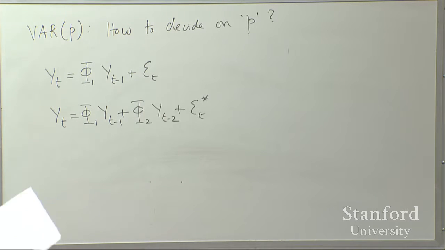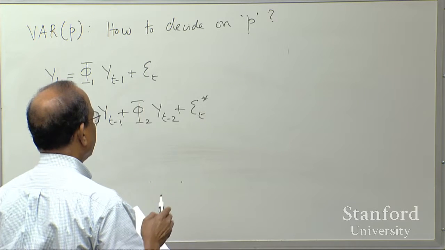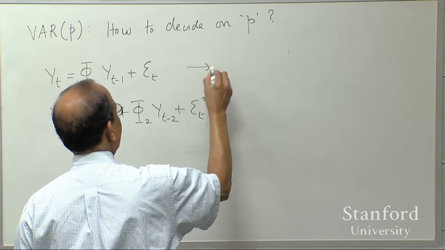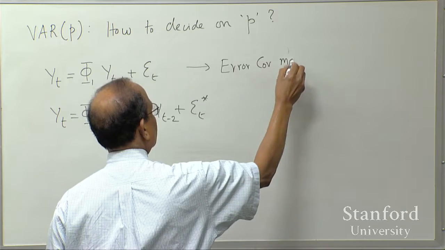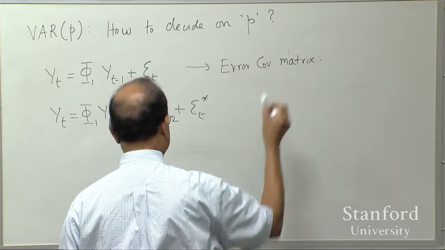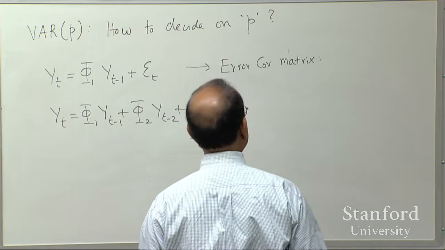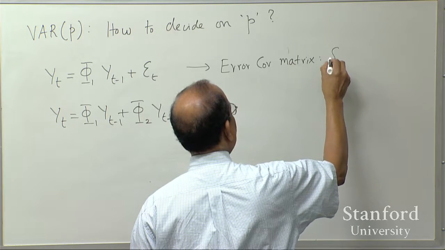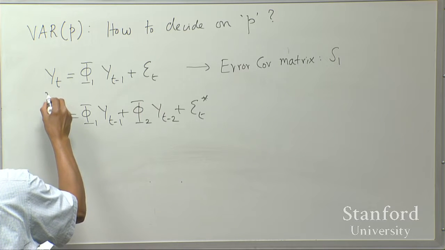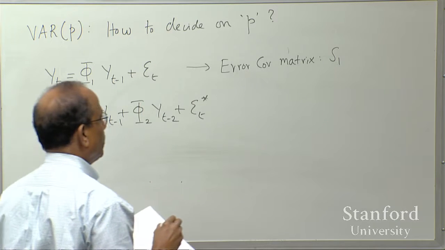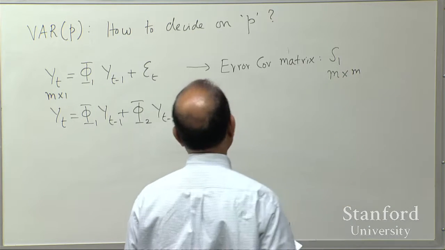I would fit the first model and construct the error covariance matrix, which I'm going to call S1. If you are dealing with a time series of dimension m by 1, obviously the error covariance matrix is also going to be of dimension m by m.